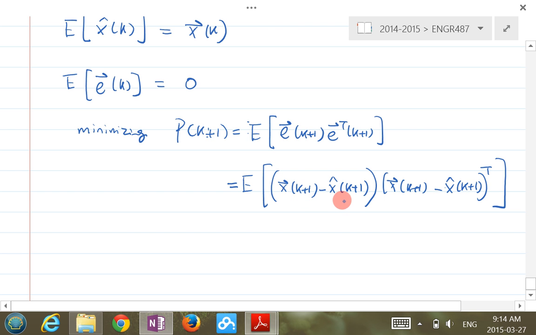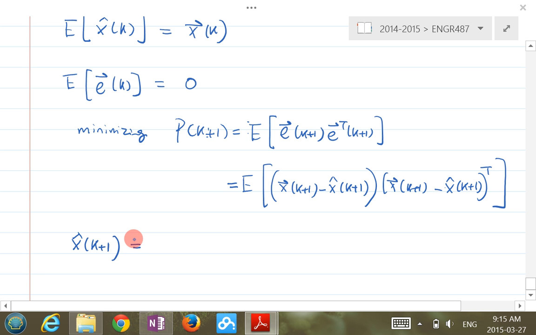What about the x hat of k? We haven't come up with a formula for estimating the x of k yet.